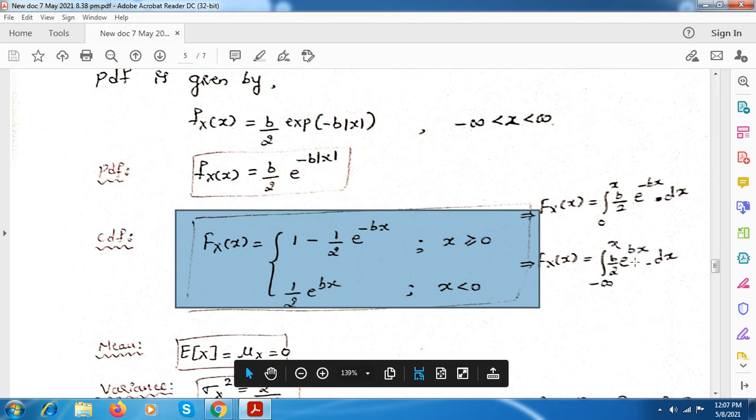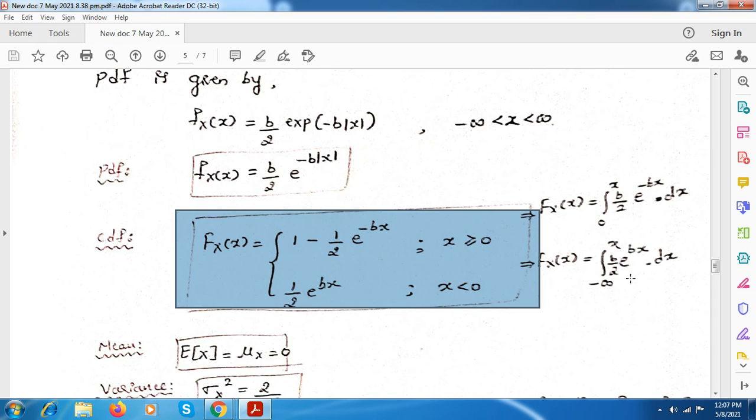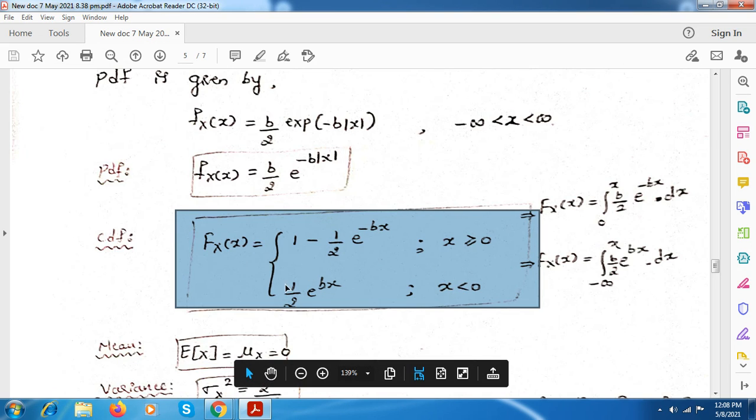Here the integration of e raised to bx will be e raised to bx divided by b. So this b term gets cancelled, and here you put the upper limit as x. So this will be 1 by 2 e raised to bx. And when you put the lower limit, e to the power of minus infinity, it will be 0. So here you get only this one term.